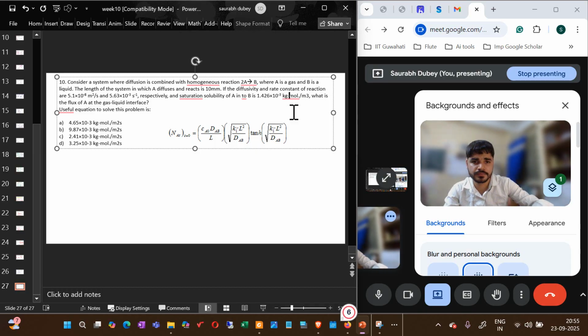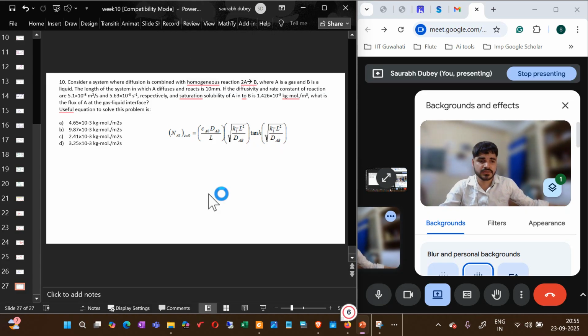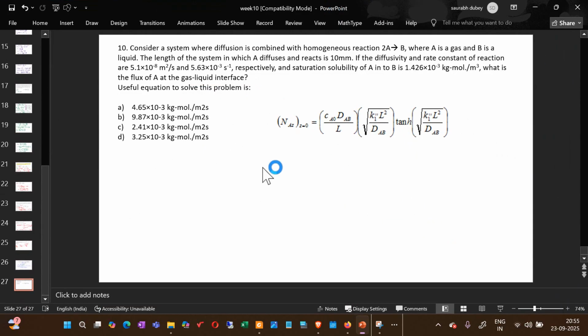Now, what is the flux of A at the gas liquid interface? So let's solve this question. You are given the equation, right? So first calculate this term, the square root, which is the same as we just discussed in the last question.